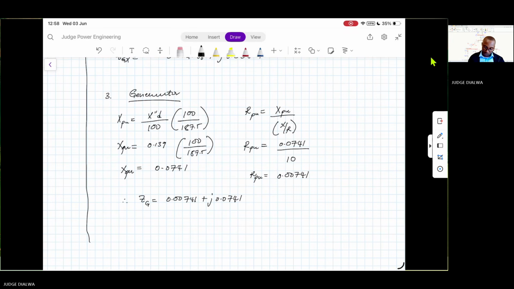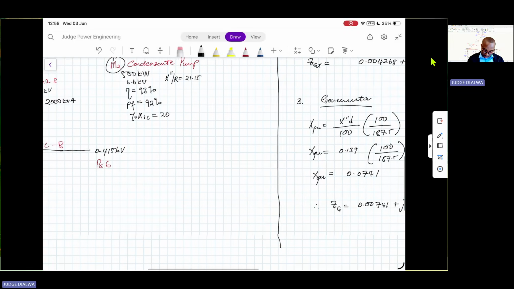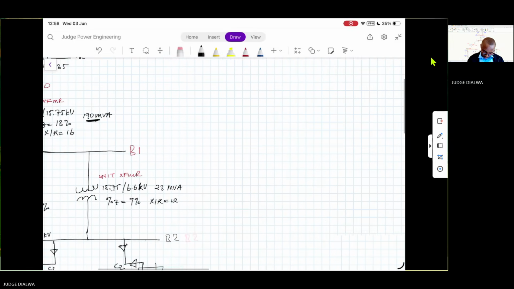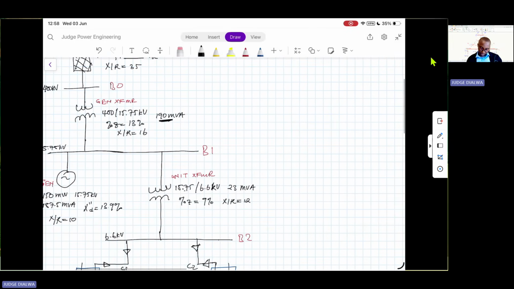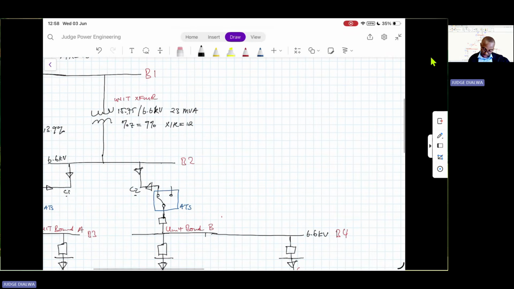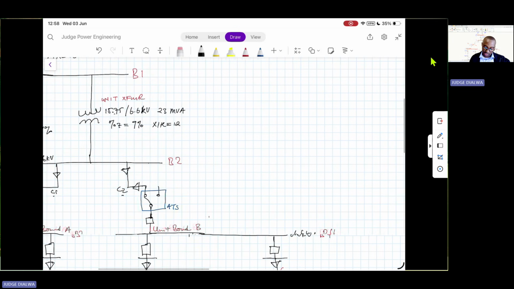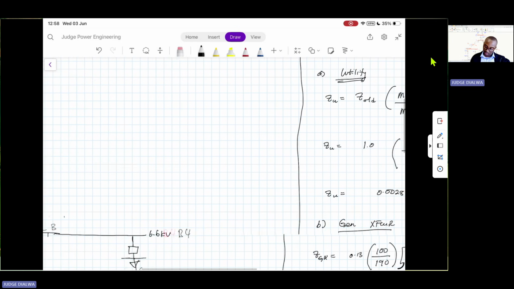And moving on to our next equipment, we have our unit transformer. It has an MVA rating of 23 MVA, impedance of 9%, and an X over R ratio of 12.